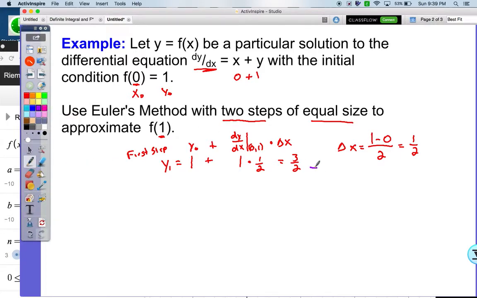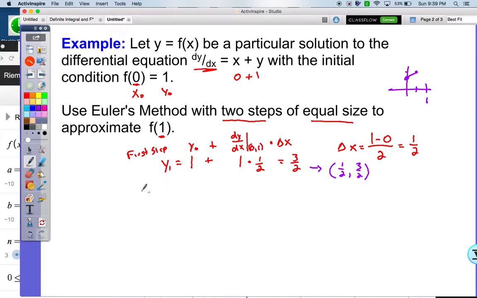And so for the next step, we're going to use the fact that I was at (0, 1), and now that I moved an x value of 1/2, I'm up at 3/2. Here's what I'm trying to get to at 1. At 1/2, though, I'm at 3/2. So I've got x value of 1/2, y value of 3/2.